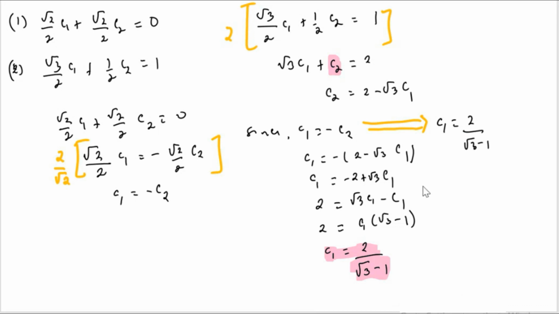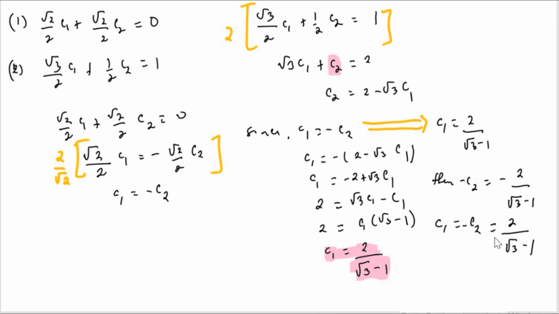Therefore, the negative of c sub 2 is equal to the negative of 2 over the square root of 3 minus 1. We could say that c sub 1 is equal to 2 over square root of 3 minus 1, and c sub 2 is its negative.